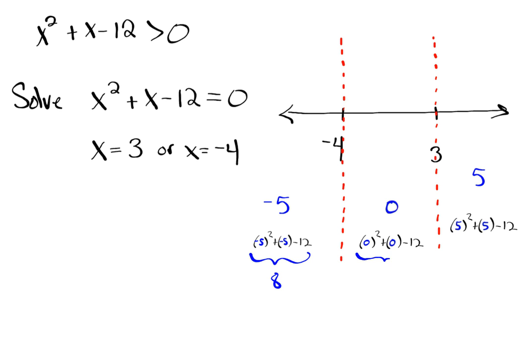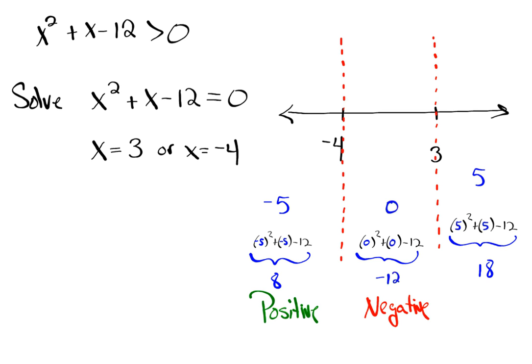You calculate this right here, you get -12. And when you calculate this piece right here, you get +18. Now, remember, what we're looking for is numbers that are greater than 0. So this is a positive number. This is a negative number. And this is positive over here.